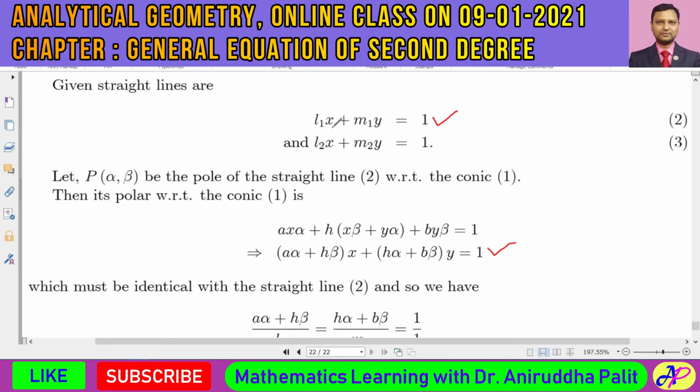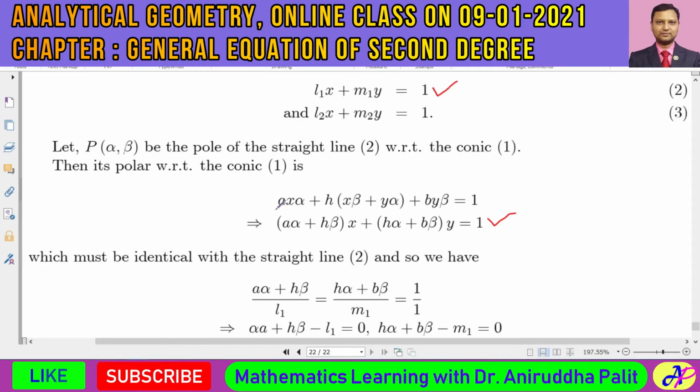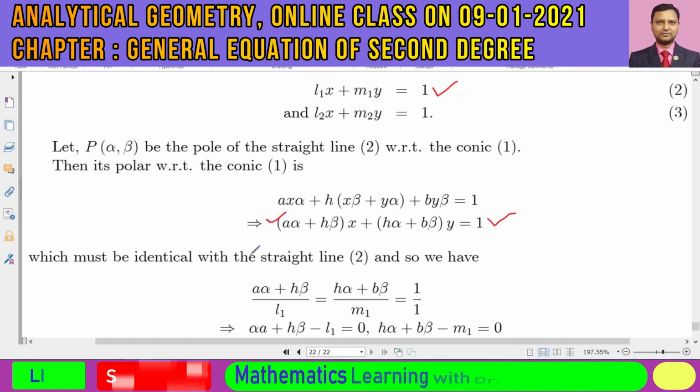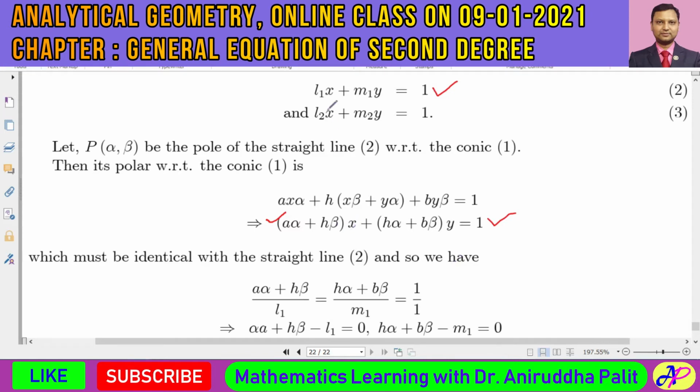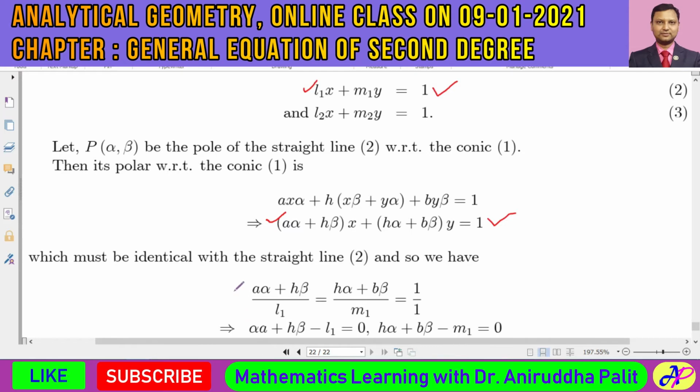Compare means we can compare the similar expressions. For example, the coefficient of x divided by the coefficient of x. Over here the coefficient of x is a alpha plus h beta, and over here the coefficient of x is L1. Therefore we can compare the ratio (a alpha plus h beta) divided by L1.